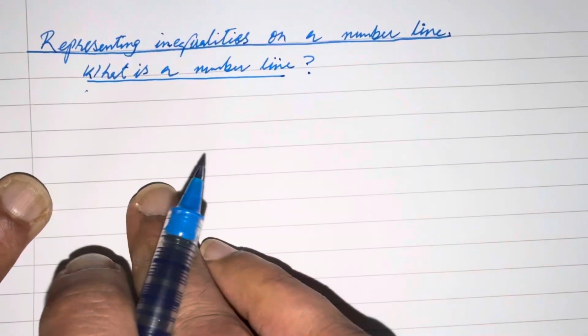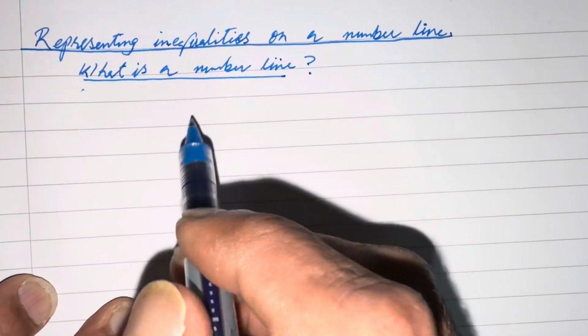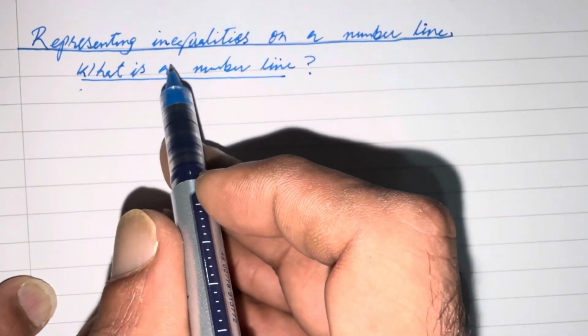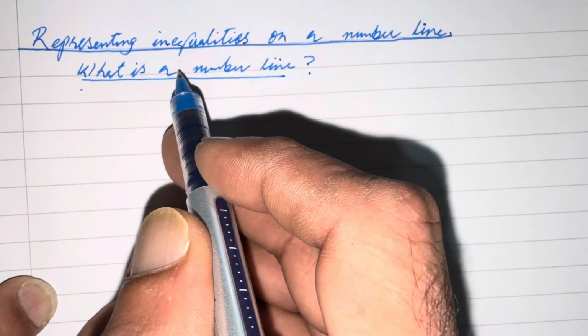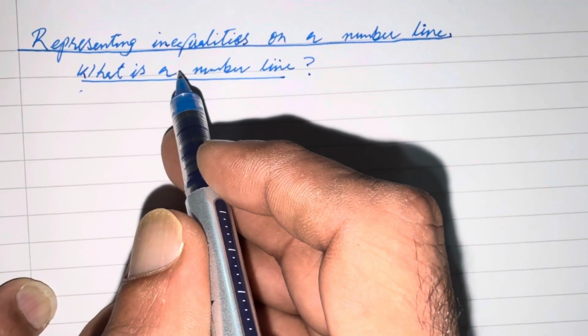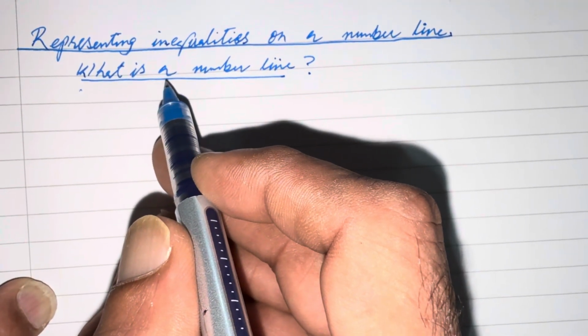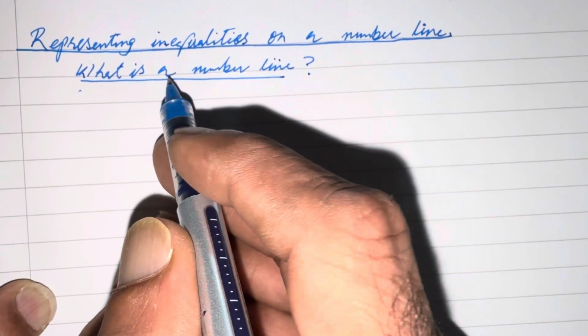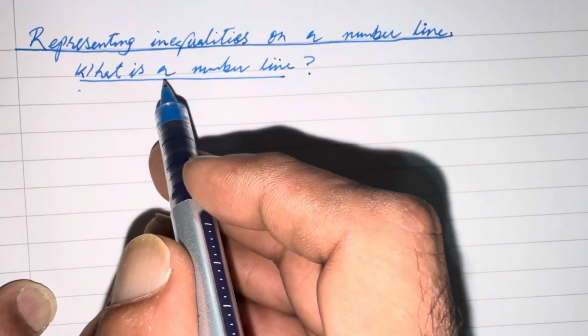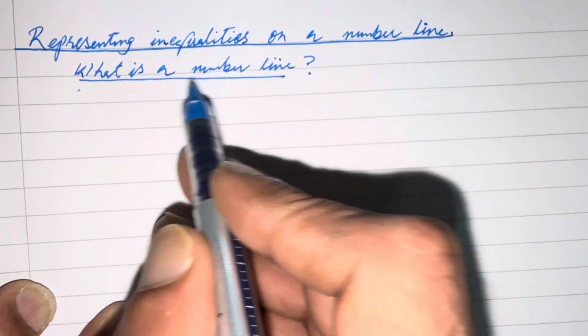When we find the solution of linear inequalities, whatever answer we get, we have to represent that solution set on the number line.